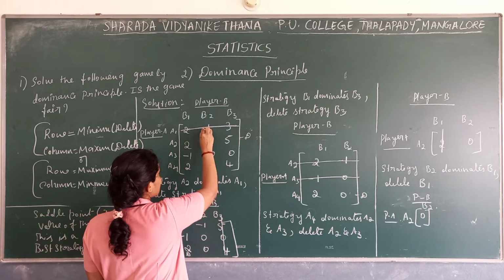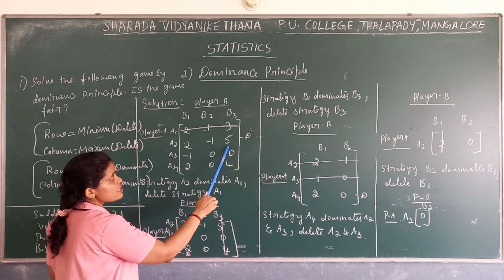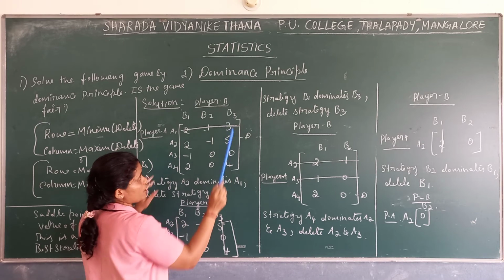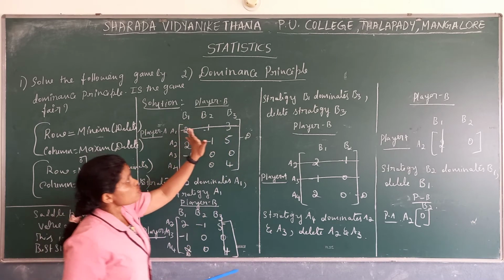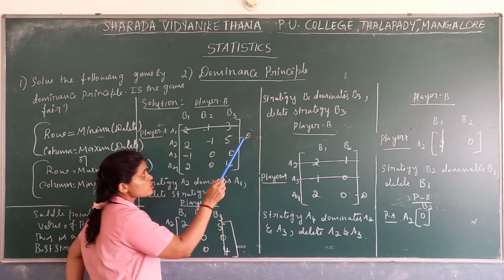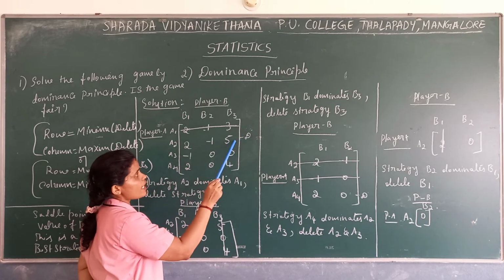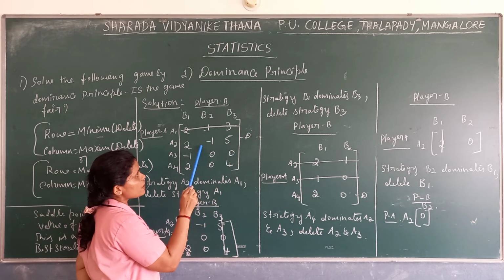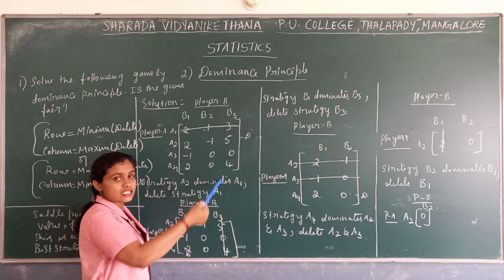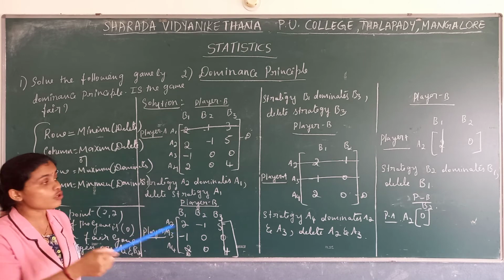Here minus is there, and here this is greater. So we can say this particular row dominates this one. So the other one, the smallest one, we have to delete. Now once you get one row as dominating, you can check whether this dominating row dominates other rows or not.